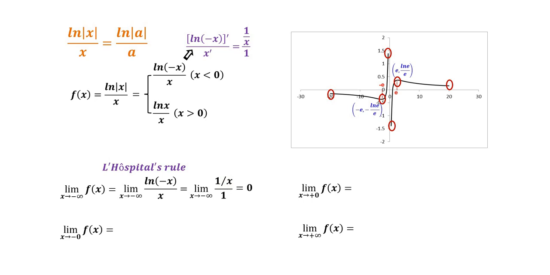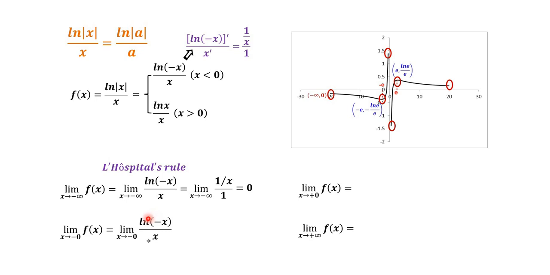So now we got the upper limit on this side, that is 0 right here, and then we calculate this one when x is approaching 0 from the negative side. So x is negative and f(x) is equal to ln(-x) over x.